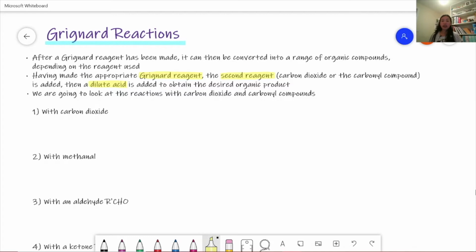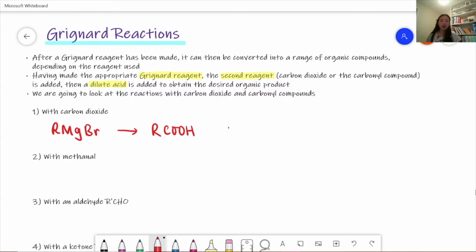So we're just going to look at some general equations first. So firstly, with the carbon dioxide, what we have is we have the Grignard reagent. So this is a bromoalkane added with a magnesium to form this Grignard reagent. And what we form when we add carbon dioxide is an R group and then the carboxylic acid.